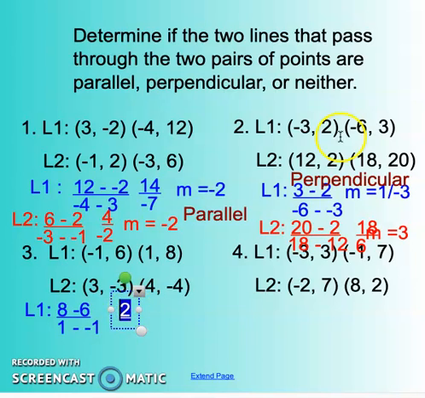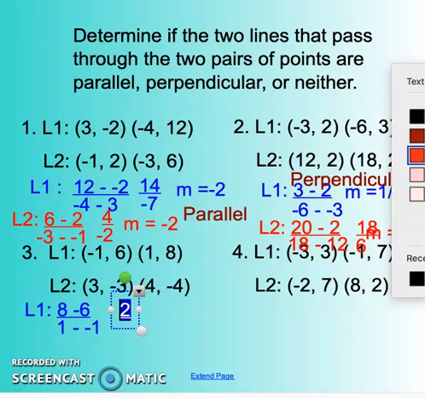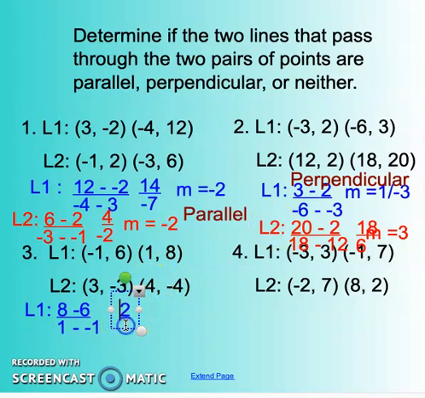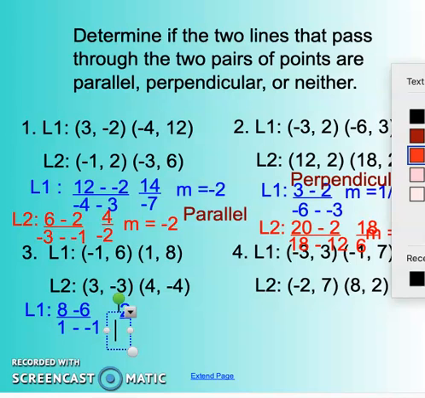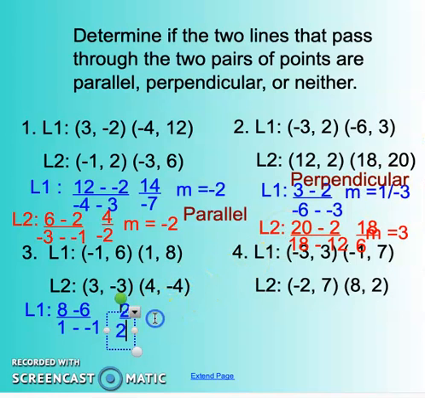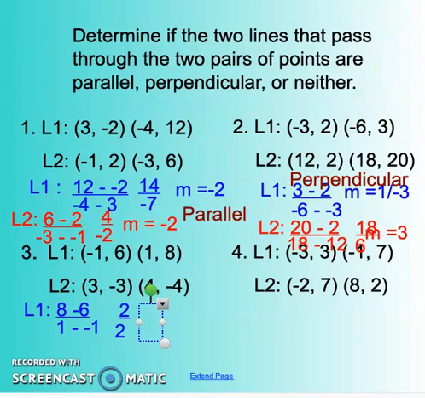And what is 1 minus a negative 1? Yeah, positive 2. So what's our slope? Yes, m equals positive 1.